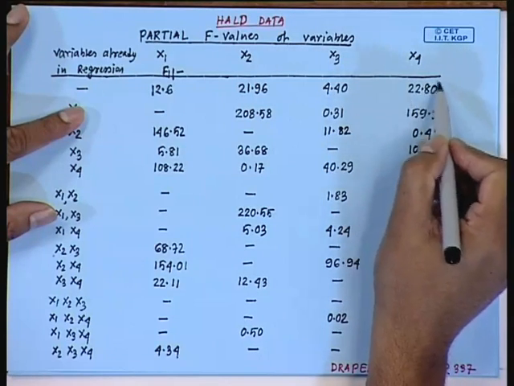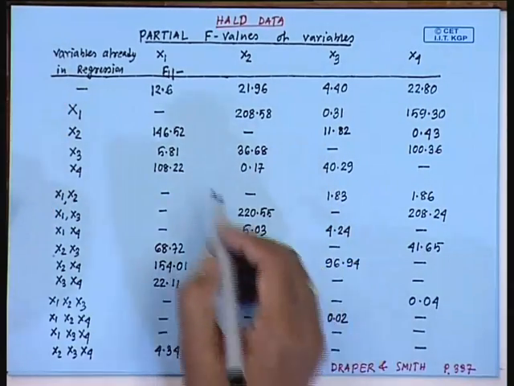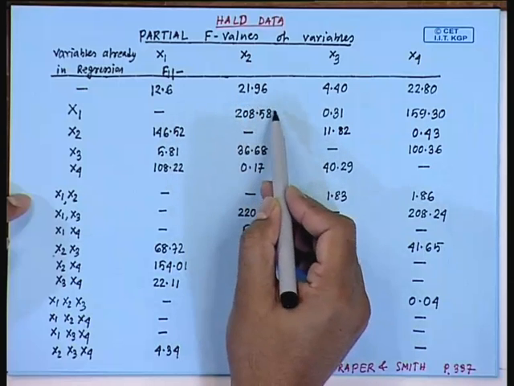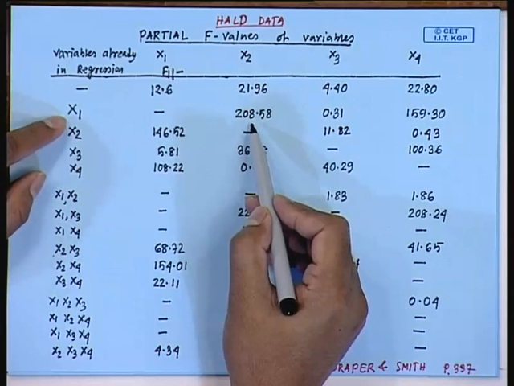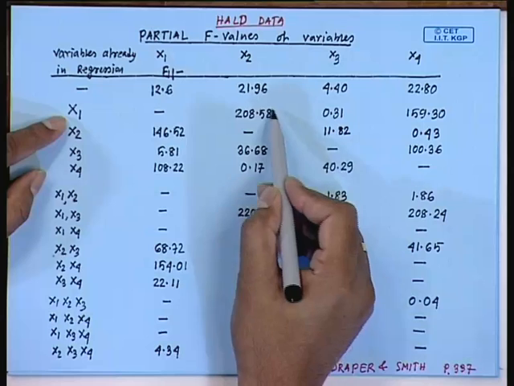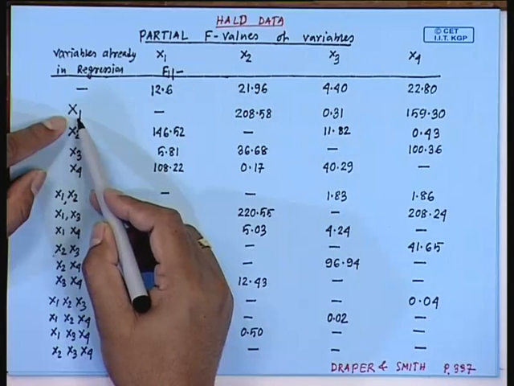If you can recall this value, 22.8. Now, the meaning of this value is F2 in the presence of x1 in the model. So, this is the partial F statistic value associated with x2 in the presence of x1 in the model.